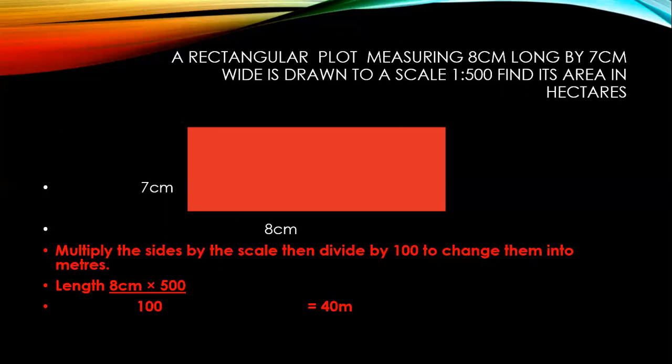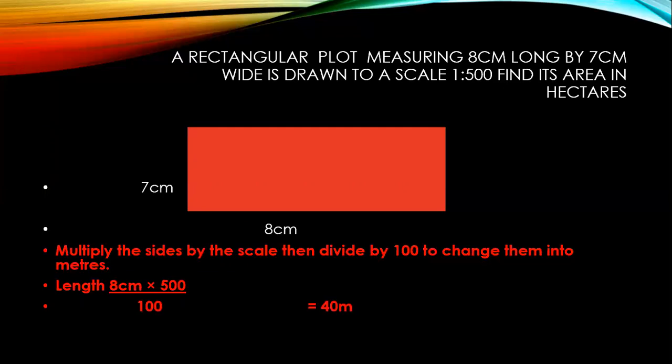So in case there were no dimensions, the first thing that I'll do is to measure using my ruler. I measure from here up to here. If it is 8 centimeters, I write 8. Take the same ruler, I measure from here up to here, and then I'll know my length and width.